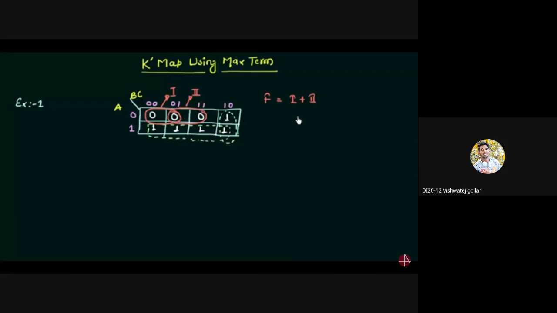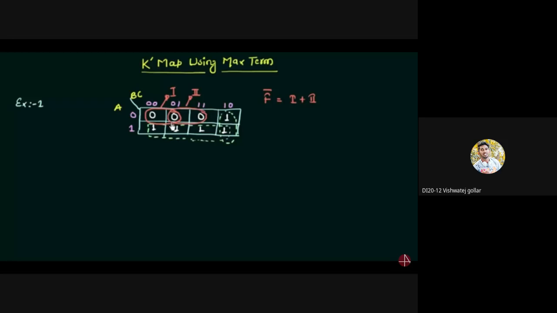But remember one thing which is very important is that in this type of K-map, when you are grouping the zeros, the function should be complement, because the value of the output f is false. What are the zeros and ones we are filling in this cell?